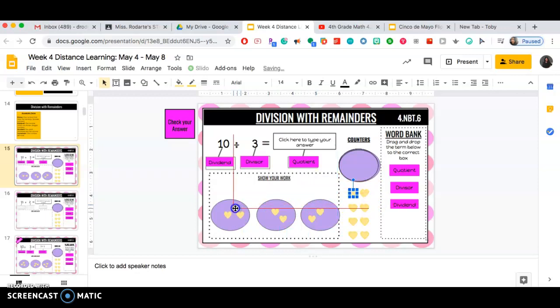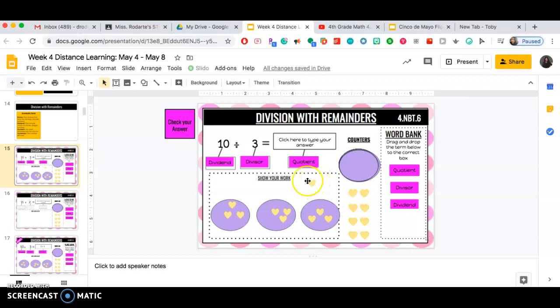Let's keep going. 7, 8, 9. 9's very close to 10, so I know I can't keep going because I won't be able to share one with the circles equally. So I know my remainder is going to be 1 heart. So I have a remainder of 1.